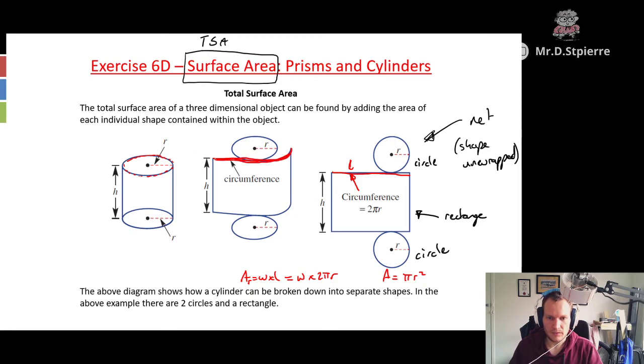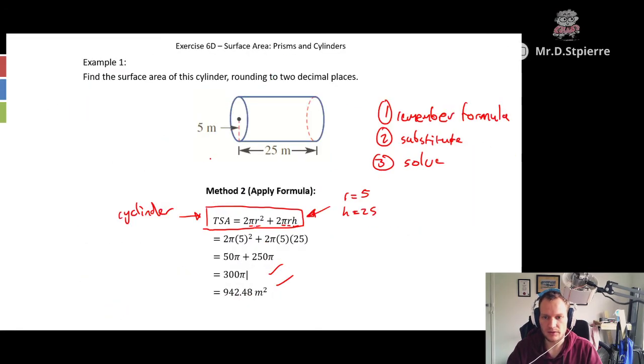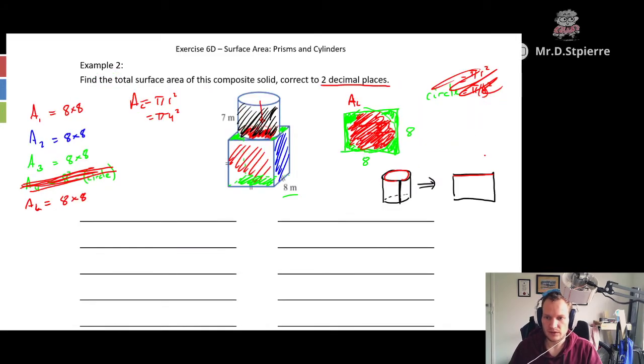The width of the wrap is just the circumference. So that would be equal to 2 pi r, and then this height here, which we have is 7, we're told that. So the area of our wrap is equal to 7 times 2 pi r.